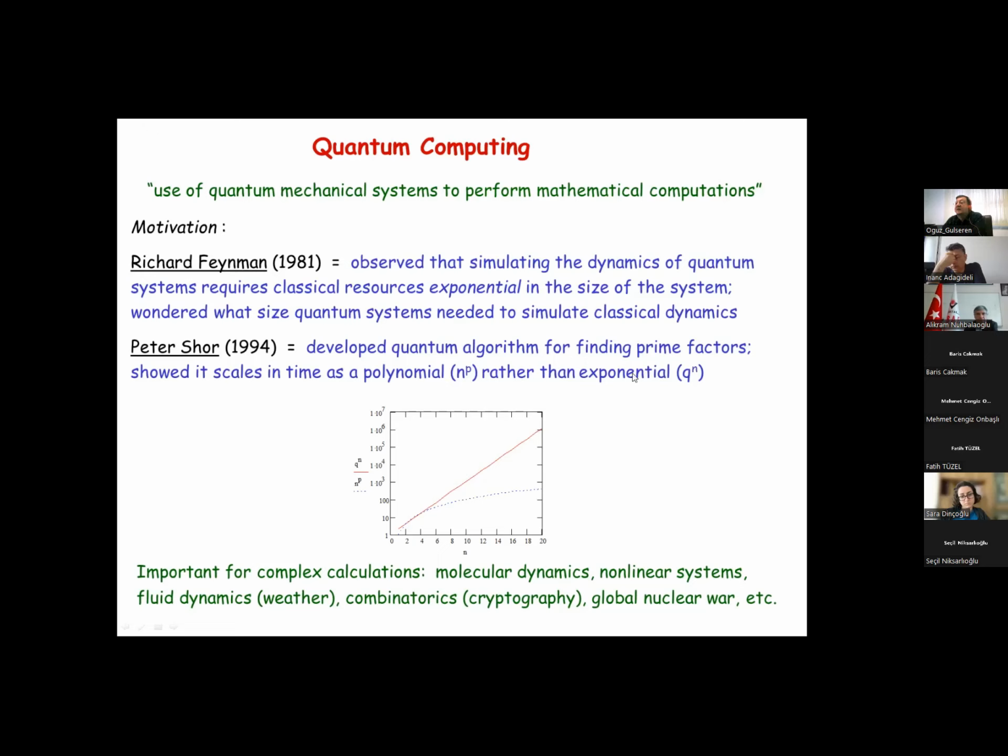So he already suggested to use the quantum system to simulate these problems. Then maybe one famous breakthrough is due to Peter Shor, 1994. He proposed an algorithm to find the prime factors, which scales as polynomial rather than exponential, as shown on this graph.